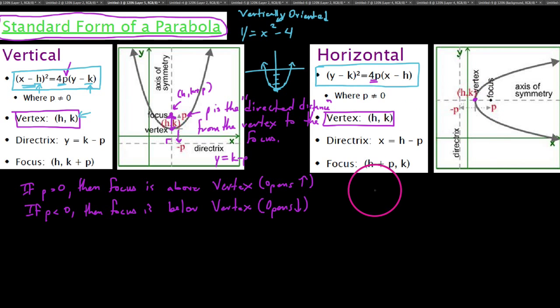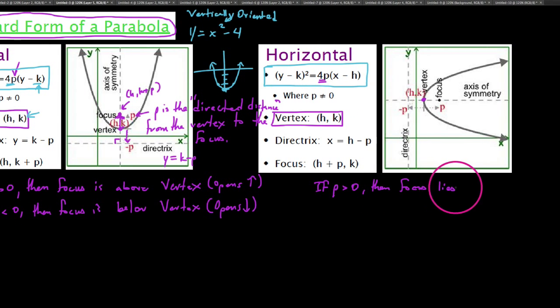So we would say, and we'll make a little note here, that if p is positive, then the focus lies right of the vertex. And if p is negative, then the focus lies left of the vertex.